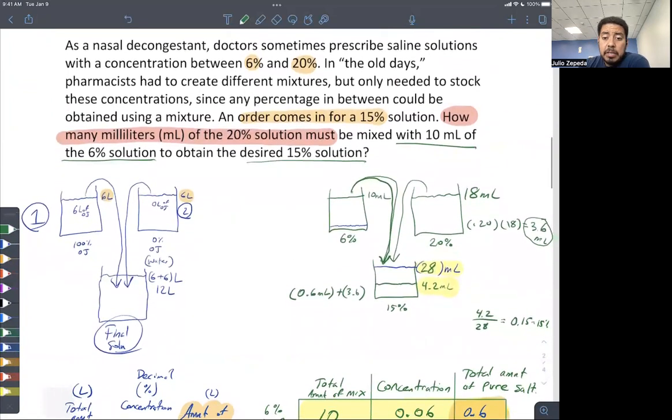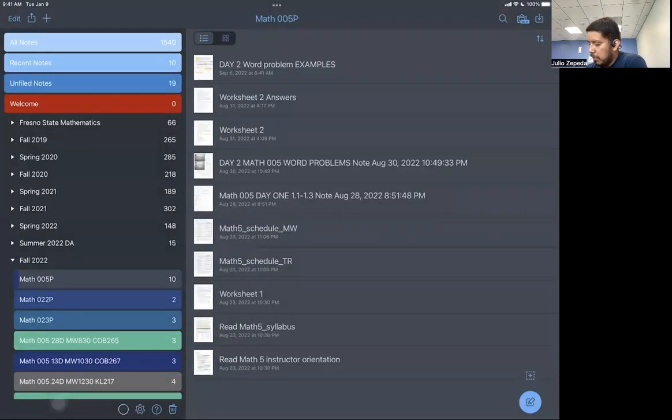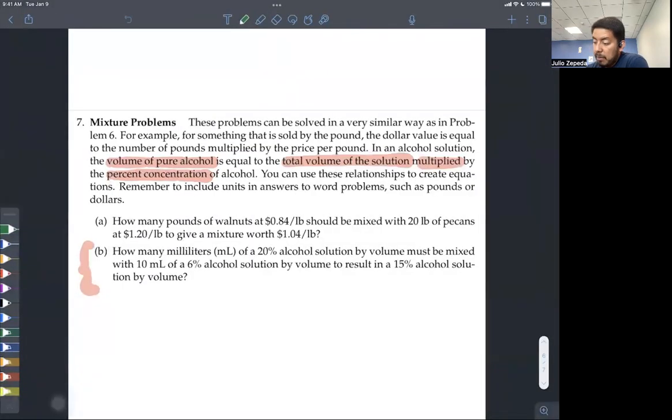All right. So that will be very similar to the problem that we had on worksheet number 1, that word problem, part B. For part A, you can get a little bit of help from this statement here. For something that is sold by the pound, the dollar value is equal to the number of pounds multiplied by the price per pound.